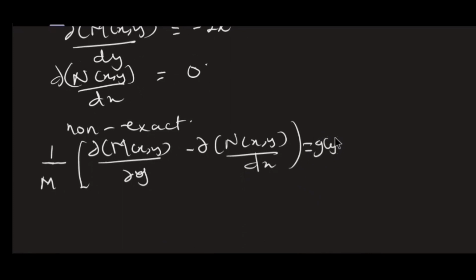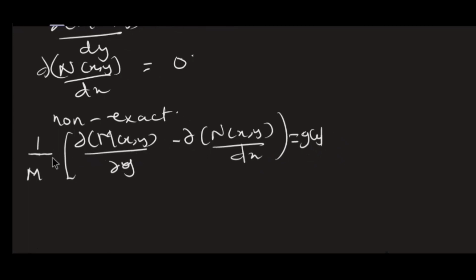Y, g of y. So whenever you multiply 1 over M by this expression, you should get a function in terms of only y. If this condition is satisfied, then you are going to have the integrating factor for our non-exact equation to be equal to e to the power integral of negative g of y dy.